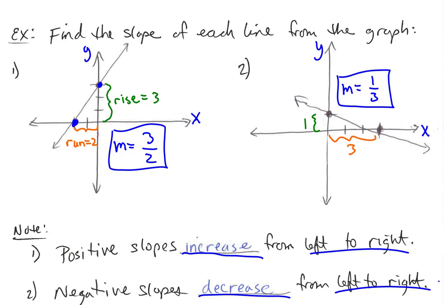Well, notice that our second example is an example of a line which decreases going from left to right. It kind of goes down. If you were walking on the line, you'd be going downward as you go from left to right in this second example, which means we actually need to mark that slope as -1/3. So I'm going to sneak a little negative sign right in front of that 1/3 so that we understand that slope is actually -1/3.